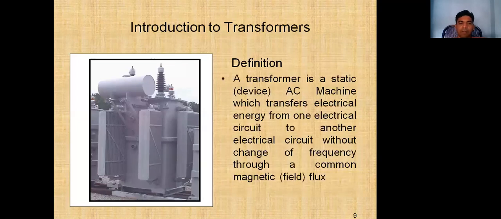So, coming to the definition, a transformer is a static device which transfers electrical energy from one electrical circuit to another electrical circuit without change of frequency through a common magnetic flux.